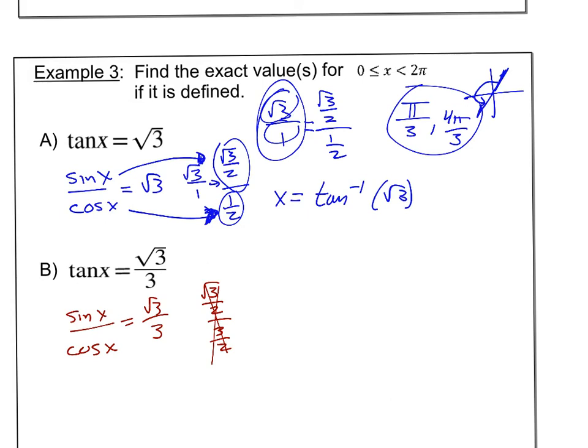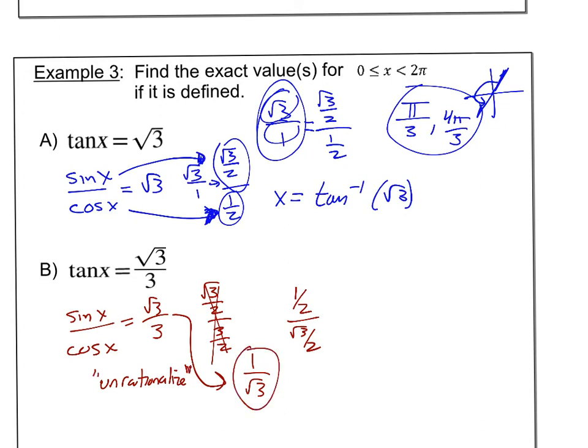What I want to do is recognize that this is the same thing as 1 over square root of 3. Those two things are the same. So it ends up being 1/2 over square root of 3 over 2. All right, so if I kind of unrationalize, go backwards, realize that this rationalized would be that, I can kind of recognize that if I switch that around to get there, I can get there.